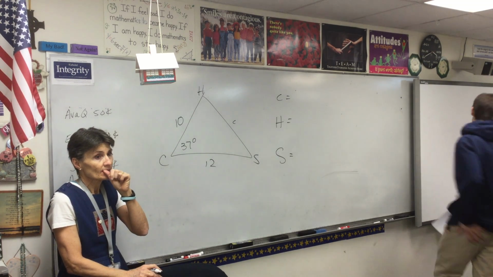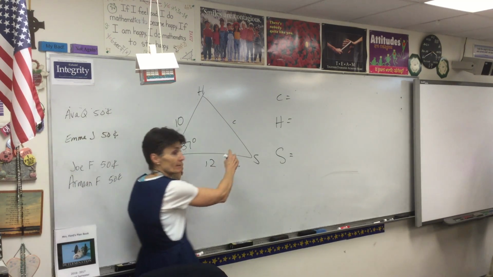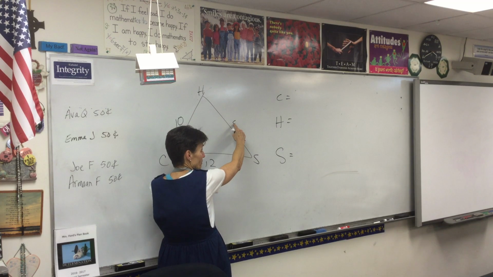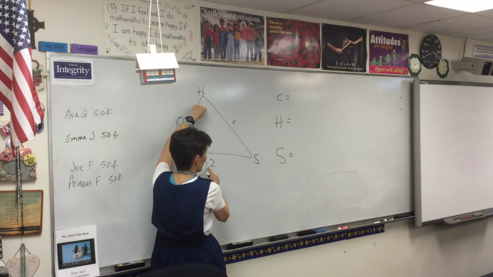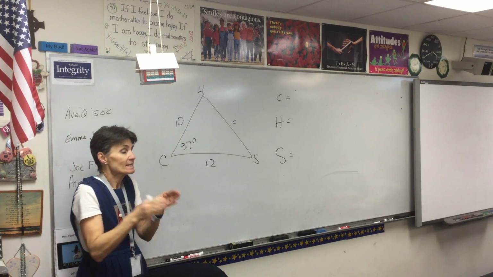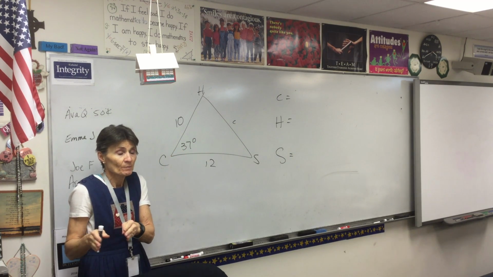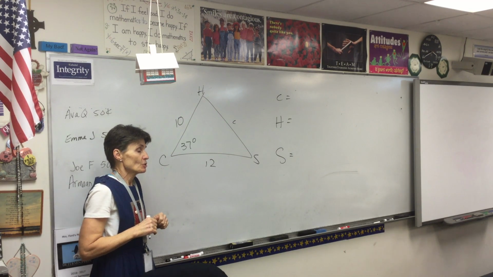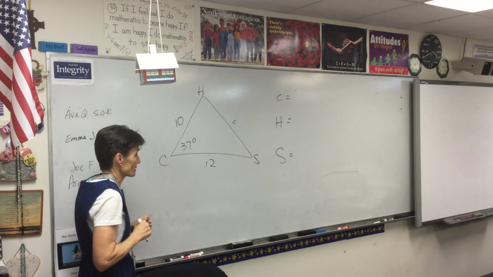The angle inside, there's not a match set. That's right. If you're going to do the law of sines, you have to have this pair, or this pair, or this pair. And we don't have any pair. So if we set up the law of sines, we would have too many variables in our proportion. So we're going to do the law of cosines.